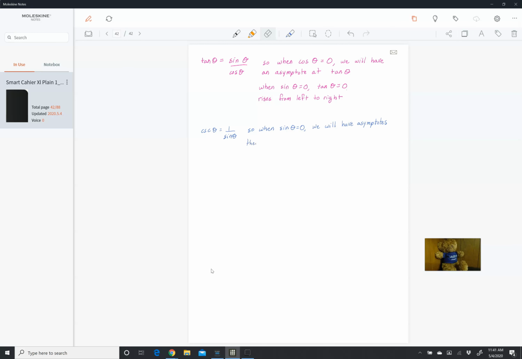There are no values between -1 and 1. This is because the reciprocal of a number that's less than 1, right? Sine is always less than 1. Is always going to be a number greater than 1.